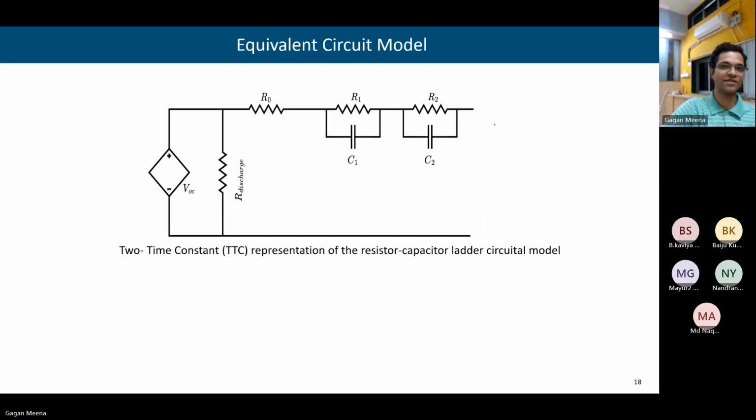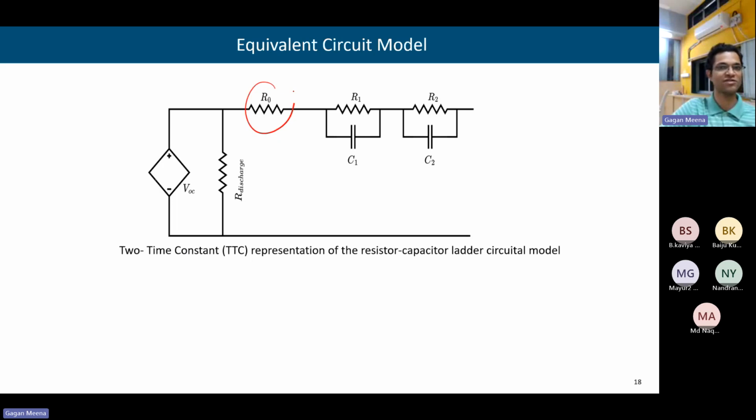Okay, so this is the equivalent circuit model. Here we have a voltage source, the ideal voltage source, and then in parallel a resistance, making a practical voltage source.